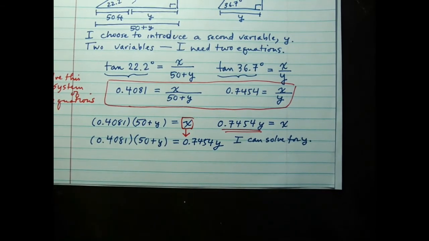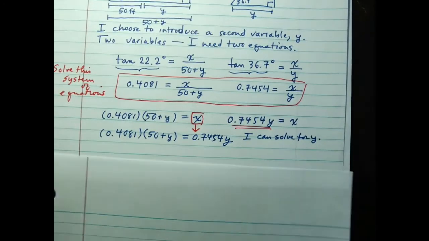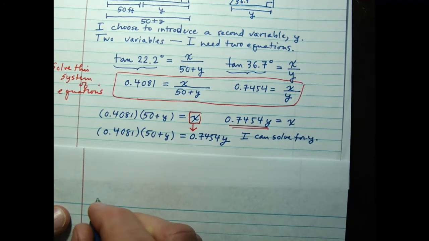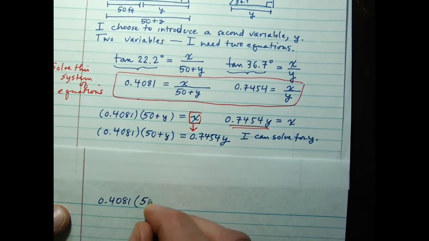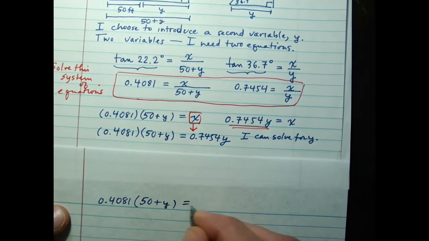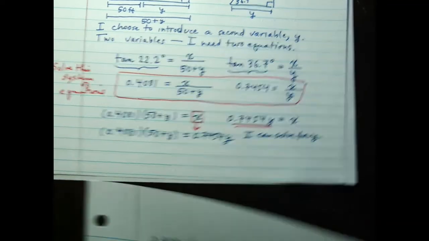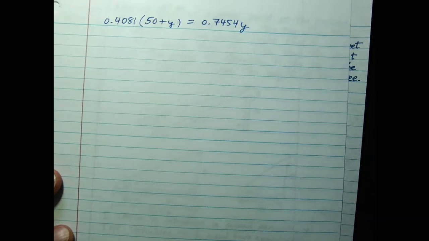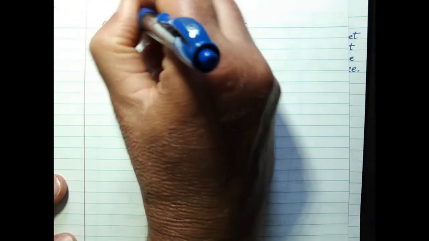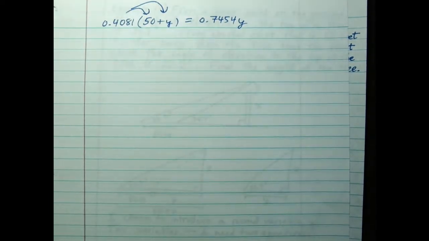So I'm just going to go right to a second sheet of paper. I'm going to copy this one equation, 0.4081 times (50 plus y) equals 0.7454y. The rest of the steps to solve here for y should be pretty clear to you, but I just want to make sure everybody knows. We've got to distribute the 0.4081.